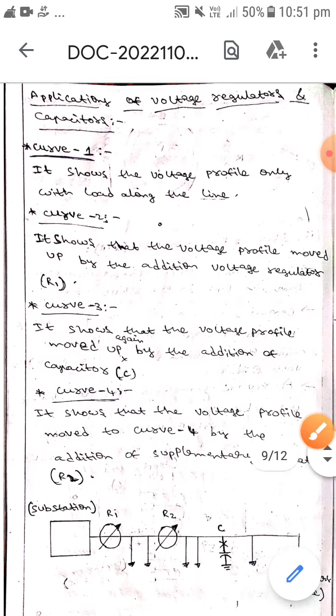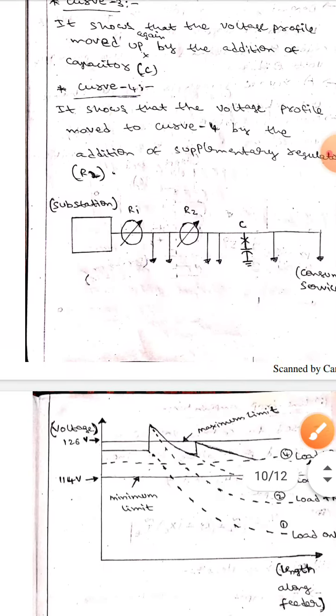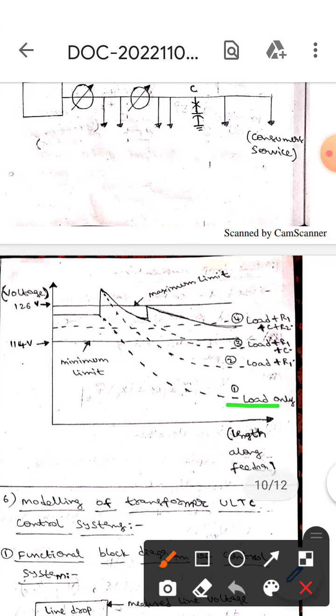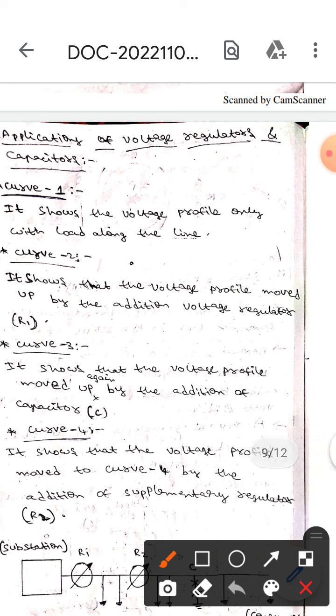Let's discuss those curves. Curve 1 shows the voltage profile with only the load along the line. Curve 2 shows the voltage profile moved up by adding the voltage regulator R1.